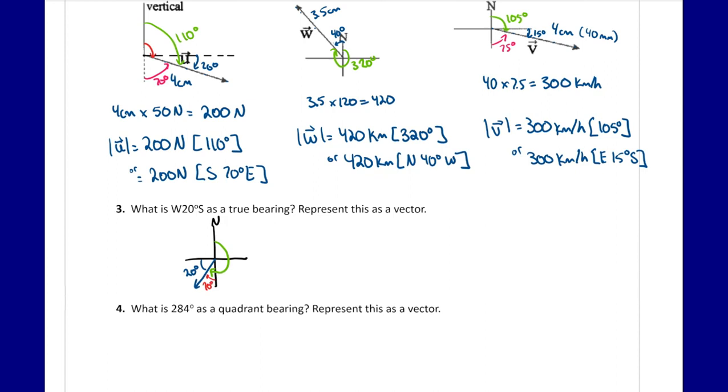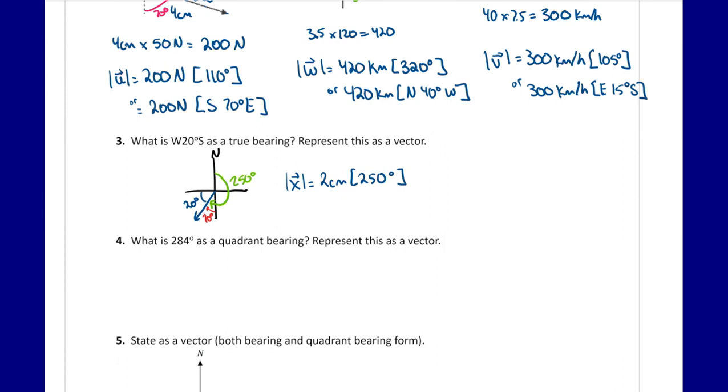So from north, it would be 180 plus 70, or 250 degrees. We'll call it vector x. Say this was 2 centimeters, 250 degrees is the bearing.